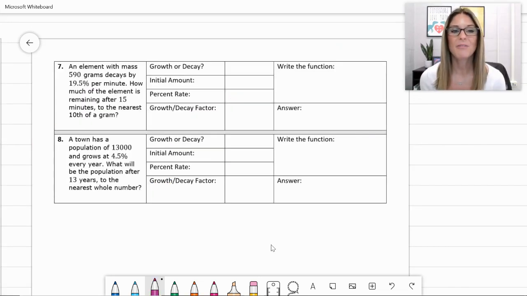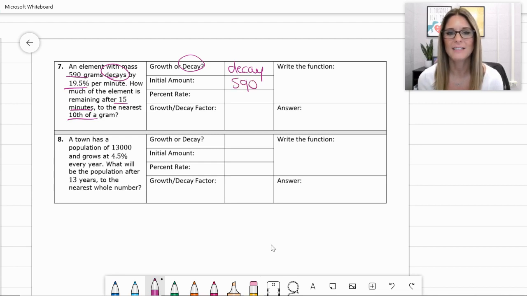Number 7, an element with mass 590 grams decays by 19.5% per minute. How much of the element is remaining after 15 minutes to the nearest tenth of a gram? This is clearly a decay. They even use the word decays. Our initial amount, 590 grams, is decaying by 19.5%.